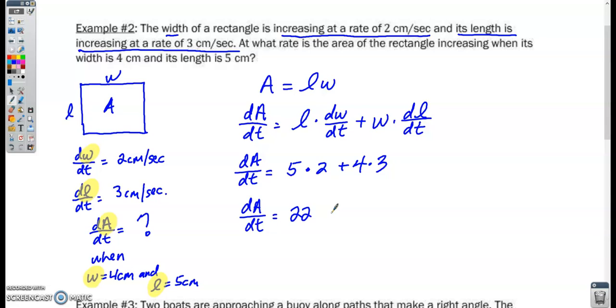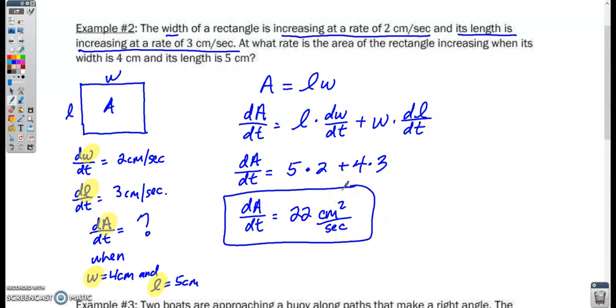Now I need some units on here. The area in this problem is measured in square centimeters, and the time is measured in seconds. So my units are going to be square centimeters per second. So we end up with 22 square centimeters per second as the change in area with respect to time, which is what we were looking for. All right.